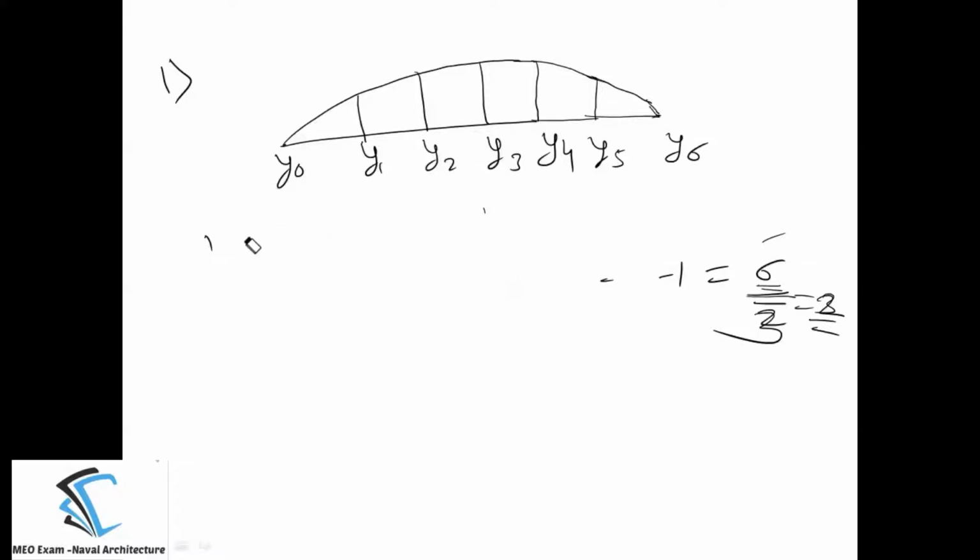So I will use Simpson's first rule first, and I will calculate the Simpson's multipliers, and we will make a tabular column like that.